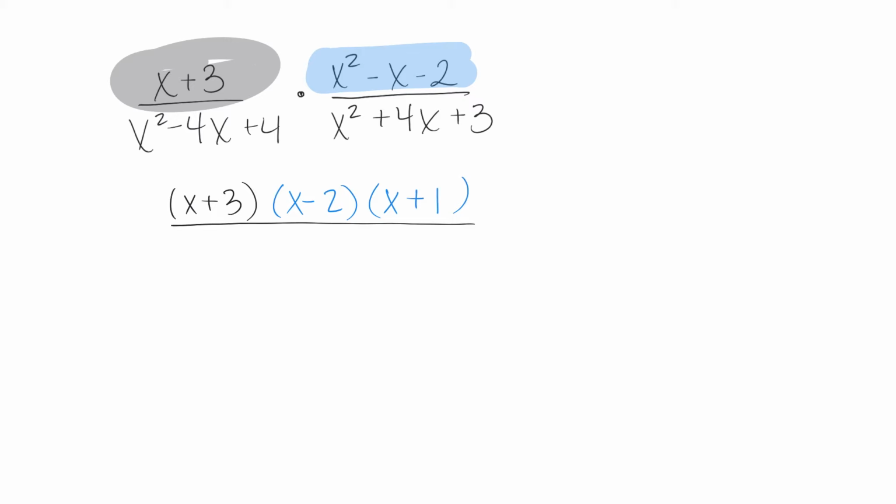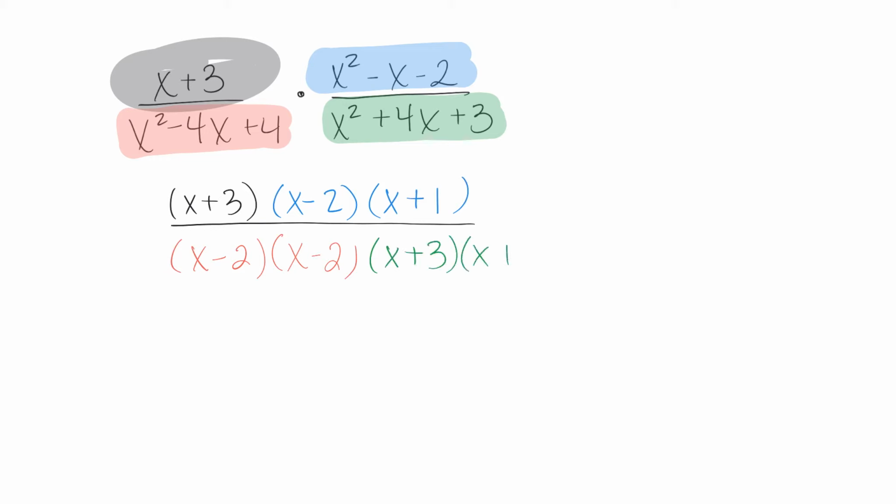In the denominator, x squared minus 4x plus 4, I'm going to factor that to x minus 2 times x minus 2. And the other side of the denominator, x squared plus 4x plus 3, so x plus 3 times x plus 1.